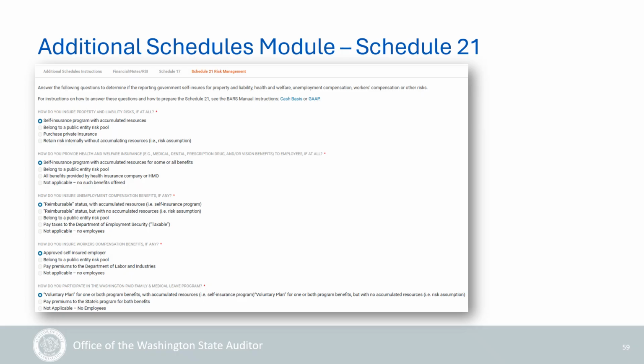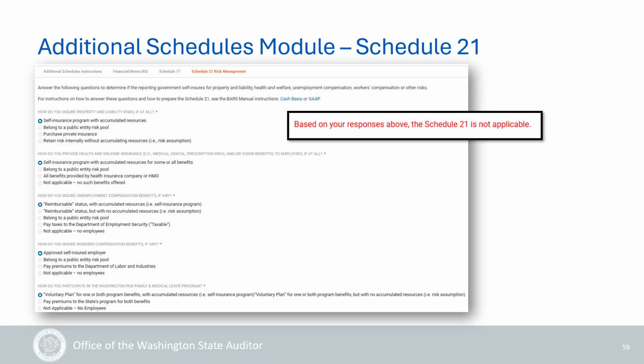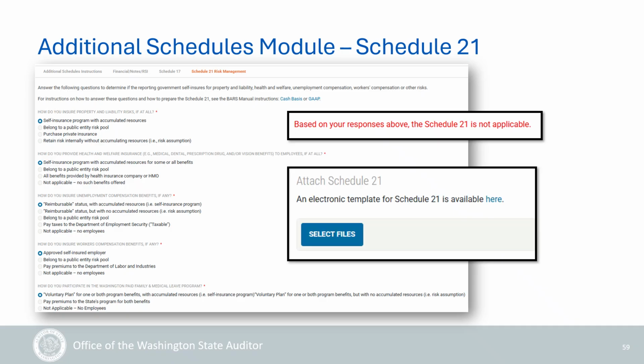If your government does not self-insure for any of the risks included in these questions, you'll see this red message at the bottom stating the Schedule 21 is not applicable, and you can continue on with your report. If your government does self-insure for any of these risks, you'll be required to attach the completed Schedule 21 template. We do provide a link to the templates page for you if you need, and then it just would be attached right here.